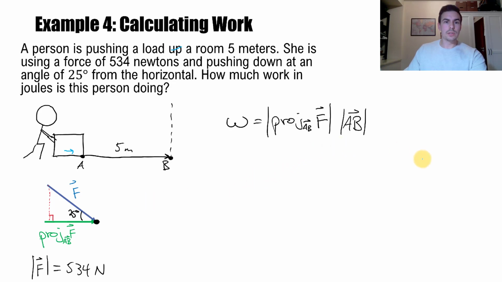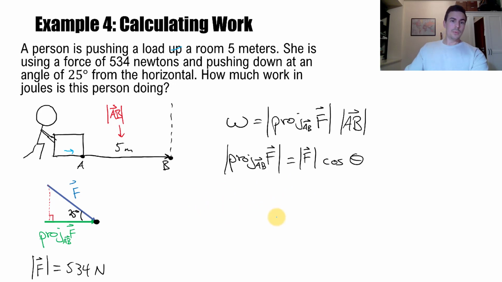Work is going to be the magnitude of the projection of F onto AB times the magnitude of AB. And the magnitude of AB we know is just 5. And the projection of our force onto AB, we can calculate as the magnitude of our force times the cosine of theta, right? That's just using our right triangle trigonometry that we can see here.